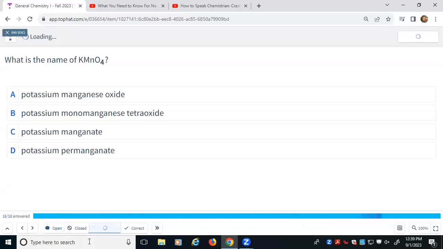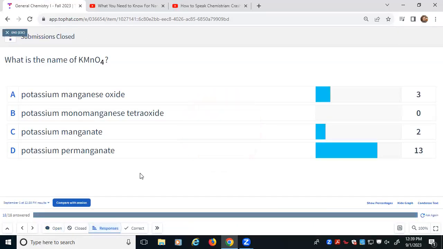All right, let's see how we did. A little bit more scattered here. Right away, the top two answers we should be able to eliminate. The fact that this is a non-binary compound means that IDE as a suffix is off the table. The only exception to that rule is cyanide, CN-, a polyatomic ion that you can pair with other ions.